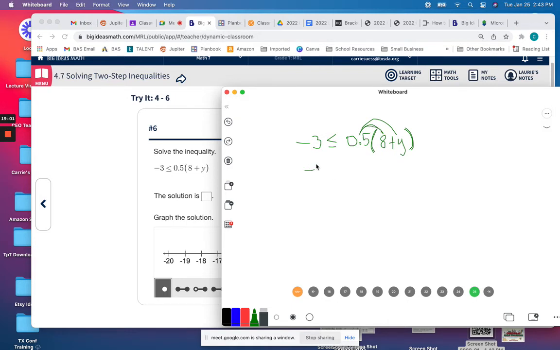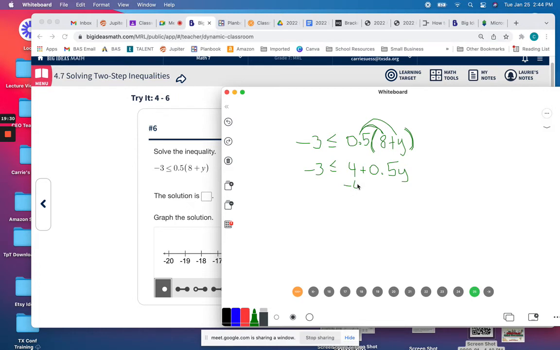Okay, so I'm going to rewrite. What is 0.5 times 8? 4. 0.5 times 8 is 4. 0.5 times y is just 0.5y. Okay, now how do I move the 4?